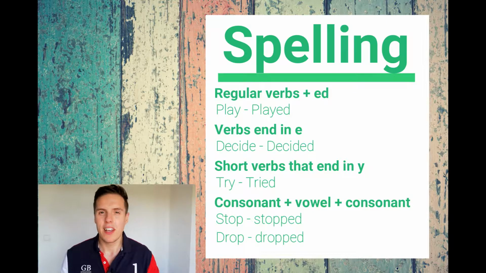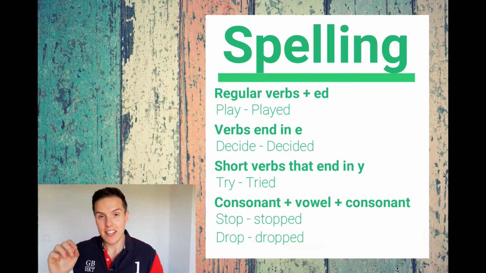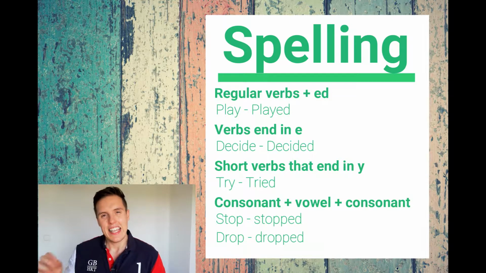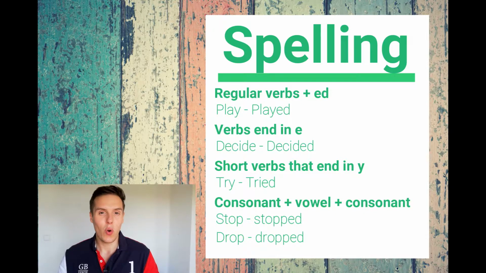So regular verbs, nice and easy. However, we've also got irregular verbs and other rules, things like that. So with words that end in an e, for example, decide, we do not add ed to this. All we need to do is add d because the e is already there. So decide, decided, just add the d.